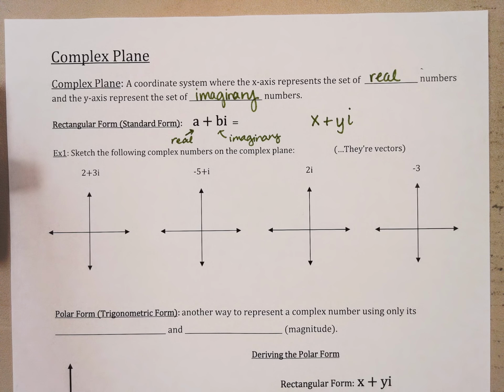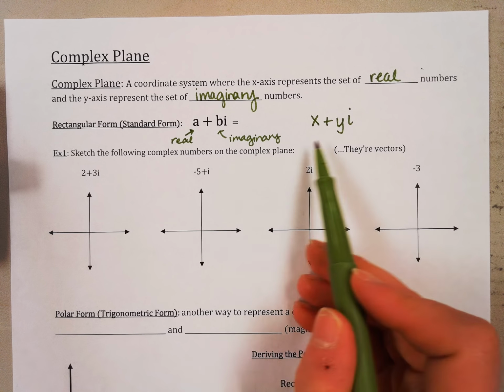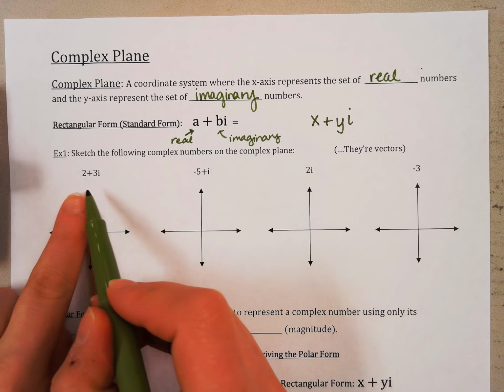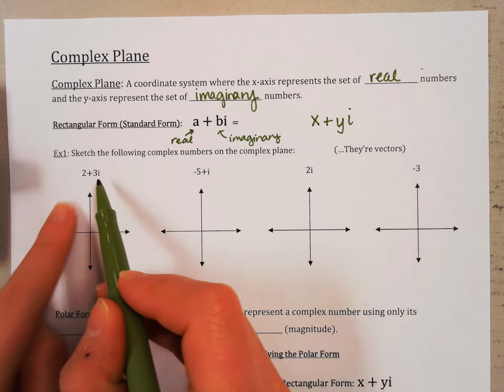The only difference here is that when we deal with complex numbers, they're not just plotted as points. They are a combination, like x plus yi, so it's not just a point like x comma y, it's a vector. That just means that when we plot our point, we're going to draw our vector from the origin to that point. So this is our a plus bi, our x plus yi.